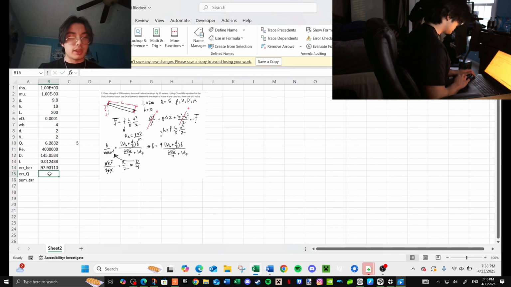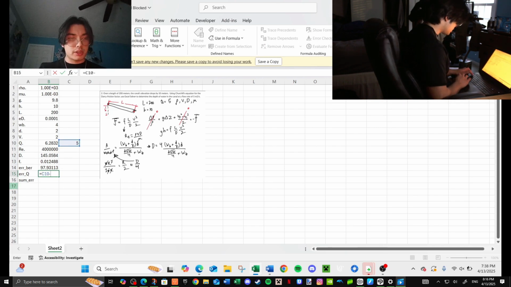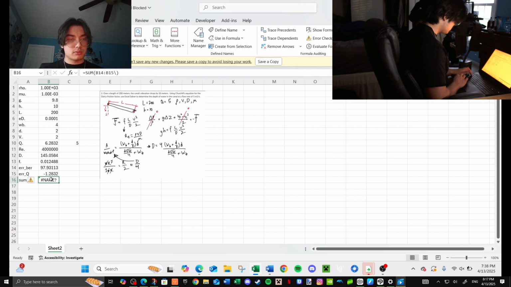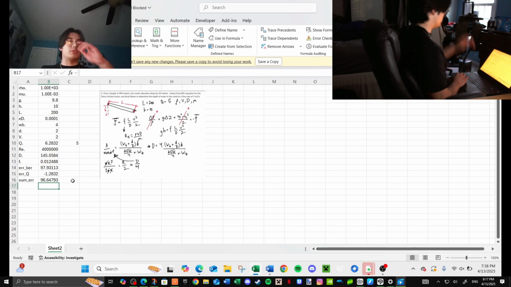And then the error of the flow rate will just be 5, which is our target, minus the actual calculated. And then the sum, we'll just use the sum function to find the sum of the errors. This will be the formula for the sum of the errors.